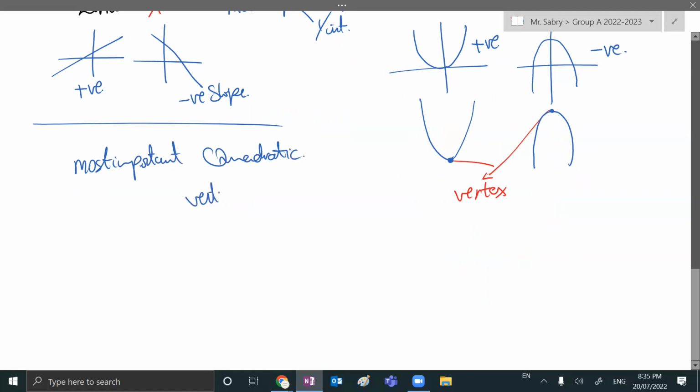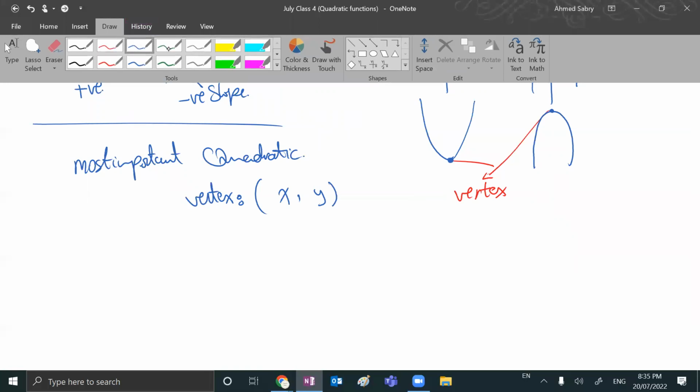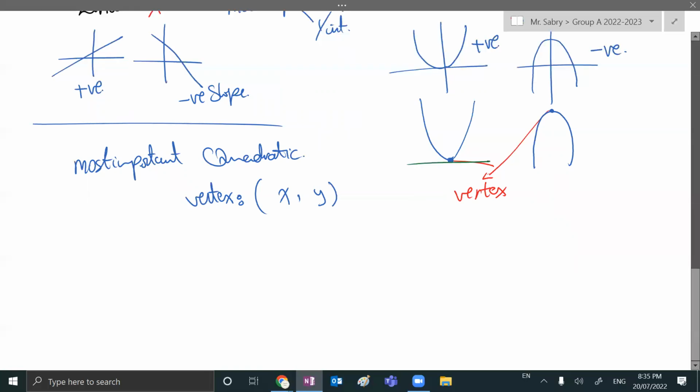Why is the vertex important? The vertex is a point. It has an x and a y coordinate. We just said that this vertex is considered the lowest point in this parabola. But in this parabola that's looking down, this is considered the highest point, the maximum.